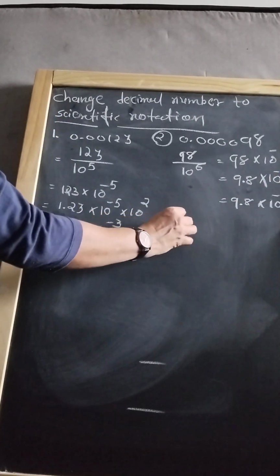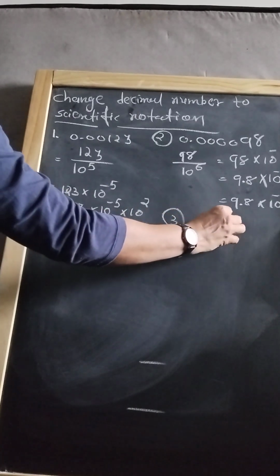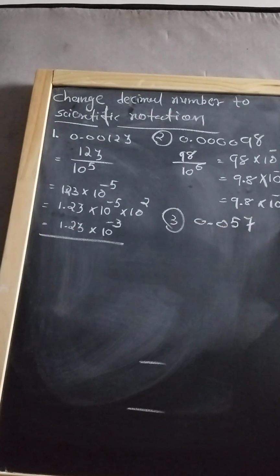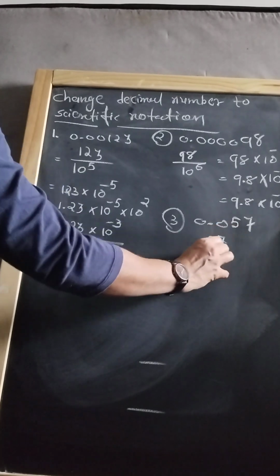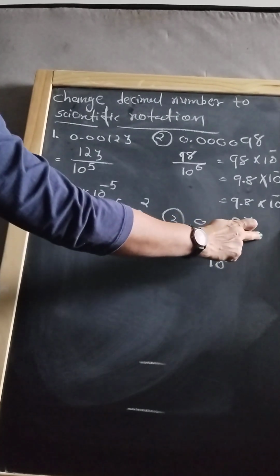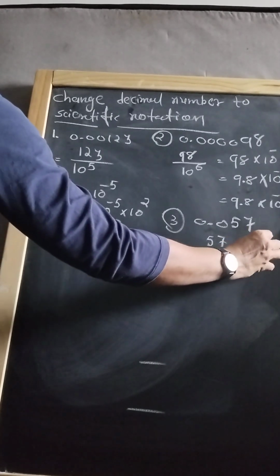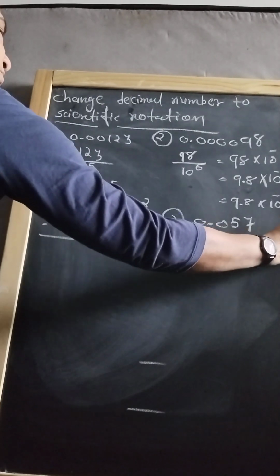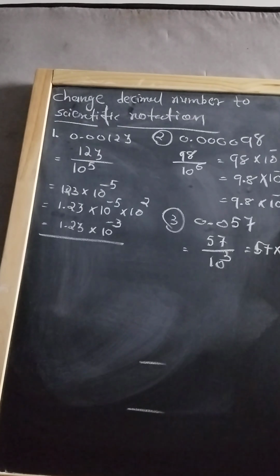Let's take one more. 0.057. First step, convert the decimal into a fraction. So 57 over 10 to the power of 3, because after the decimal, 3 digits. Then take 10 to the power of 3 in the numerator. So it's going to be negative 3. Now create a coefficient.